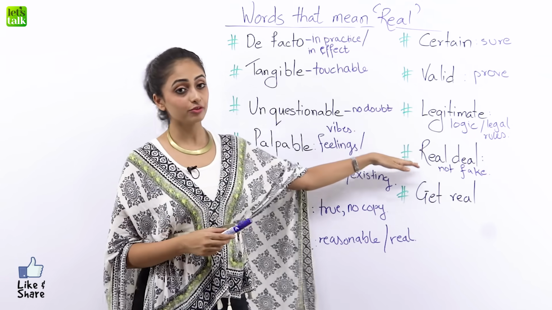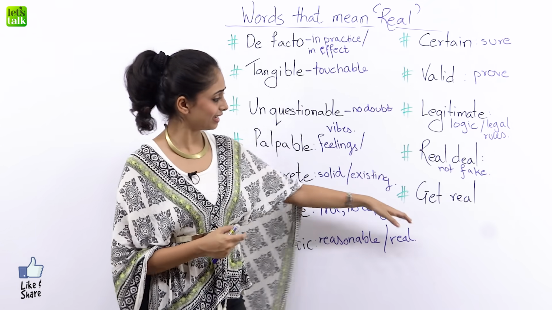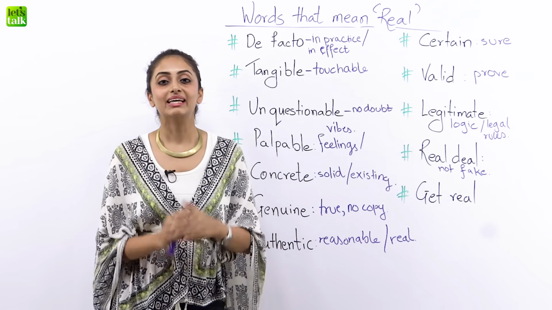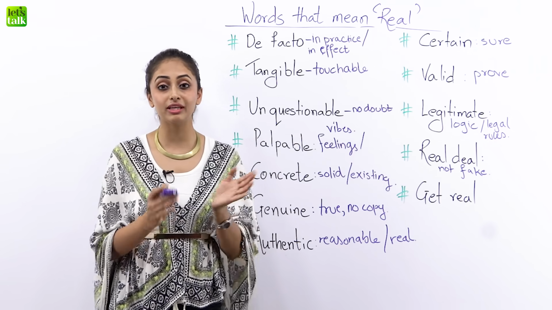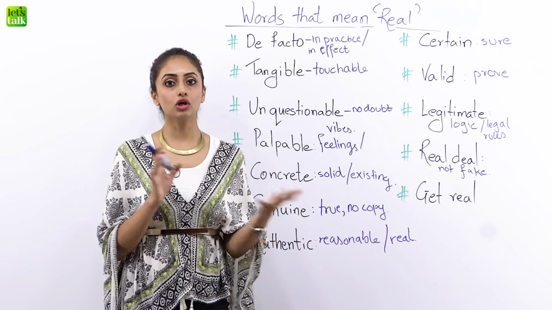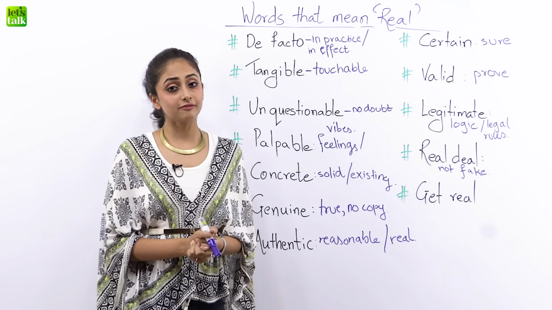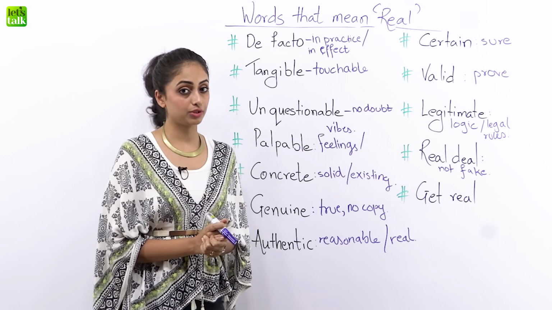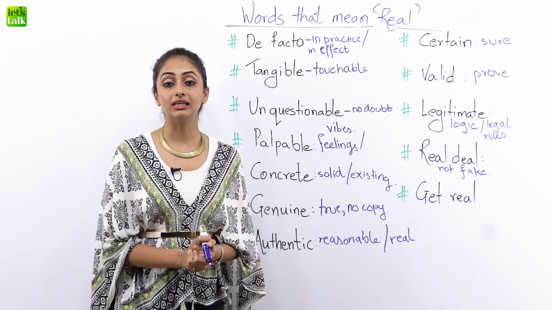Okay, moving from real deal, we have the last word, slang term mostly, it's get real. Now, sometimes you probably face situations with your friends or family where someone's too emotional or not so practical about certain situations. Well, you might find yourself saying this to that person, hey, get real. You are not being real right now.